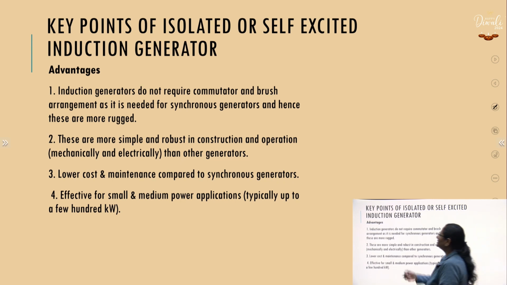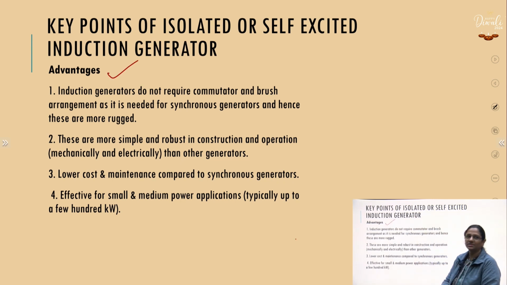Let us focus on the advantages of the generator. The various advantages are: they do not require a commutator and brush arrangement as is needed for synchronous generators, and hence they are more rugged in construction. The induction machines are the most rugged machines as compared to other conventional machines like DC or synchronous. They are simple and robust in construction and operation, both mechanically and electrically.